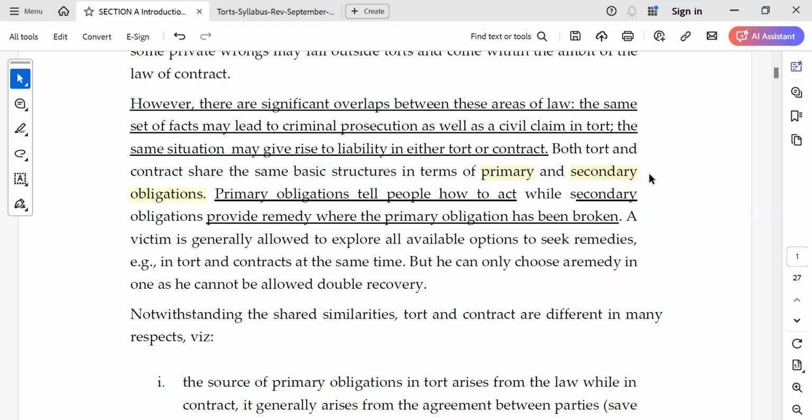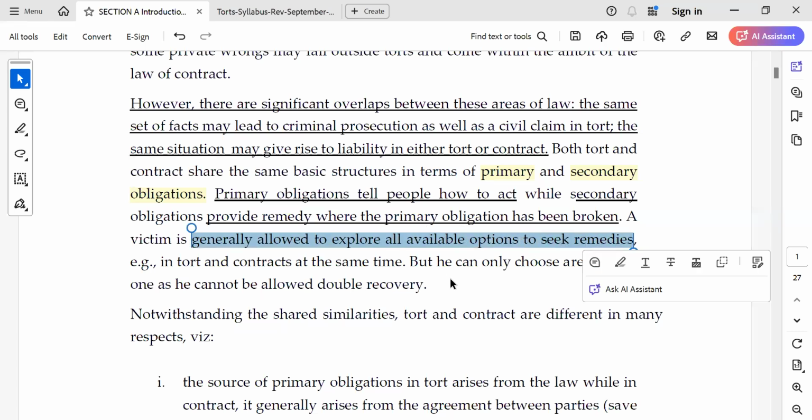So the victim is generally allowed to explore all available options to seek remedies. Who has the choice? The victim has the choice. For example, in tort and contracts at the same time. Now, under both these laws, they have a particular remedy.